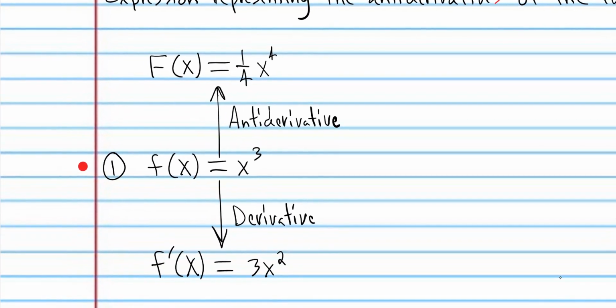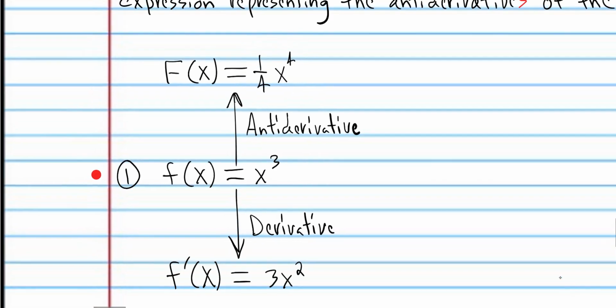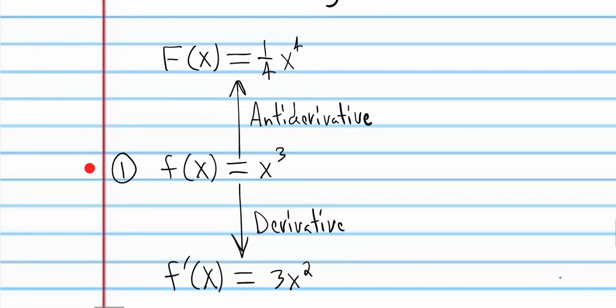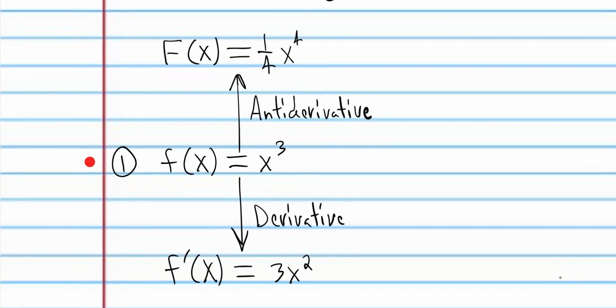Again, we know how to find derivatives. The derivative of x to the third power is 3x to the second power. But the antiderivative is 1/4 x to the fourth power. But there's something that we need to do to modify this expression so it represents the correct expression, and that is we need to add c.